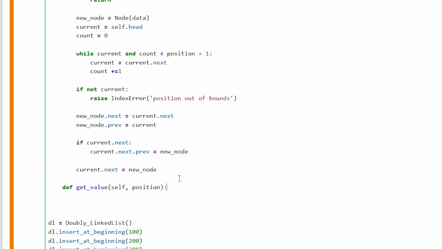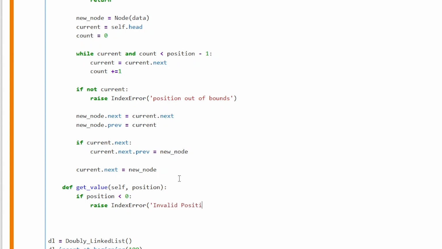But before we start searching for that value, we need to confirm whether the position provided is indeed a valid position. So we have if position is less than 0, this is an invalid index, so we'll raise an exception. We'll have raise IndexError, and for this, we can have "invalid position" as our message.